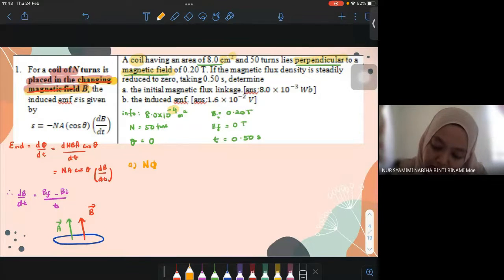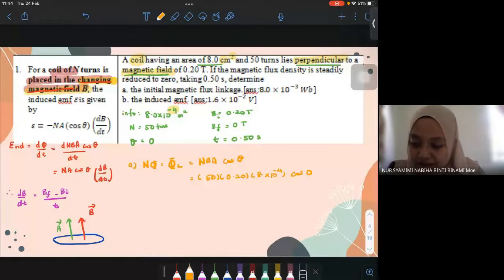And flux ataupun flux subscript L equal to NBA cos theta. Okay, so we know N is equals to 50, B is 0.20, A is 8 exponent negative 4 and cos 0. So cos 0 akan jadi 1. So berapakah saya punya flux linkage?